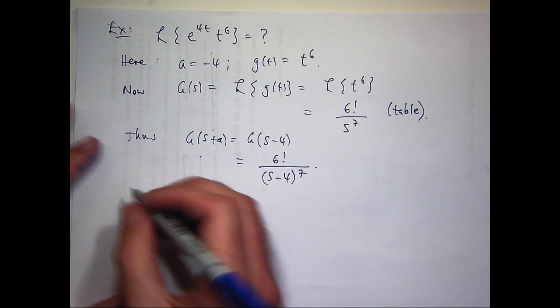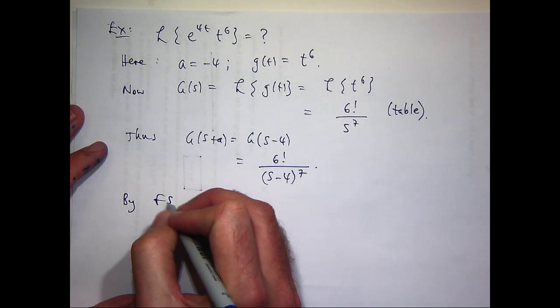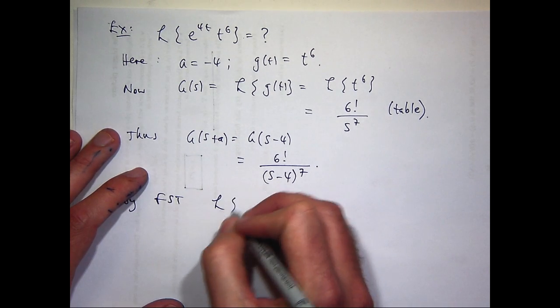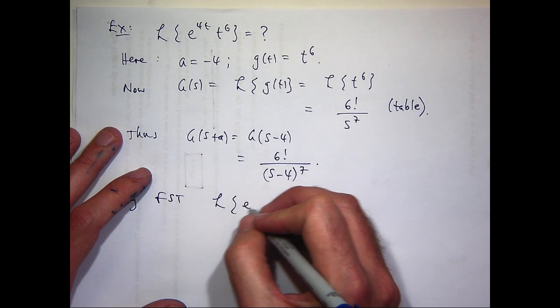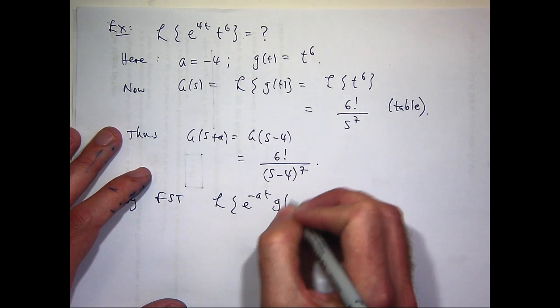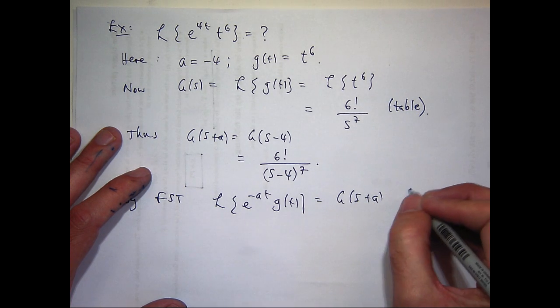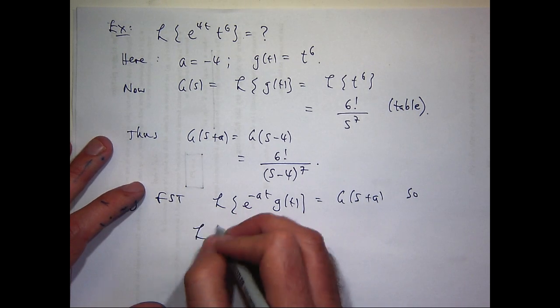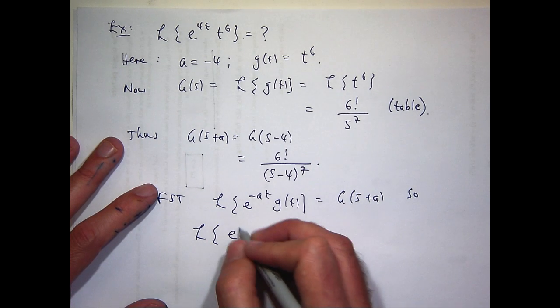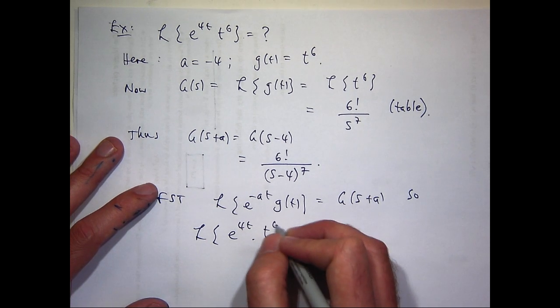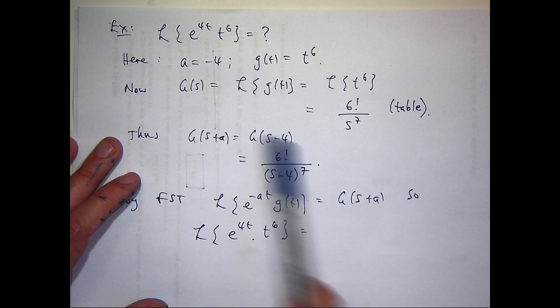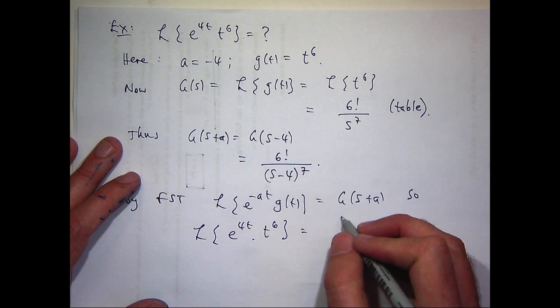All right, so by the first shifting theorem, we have this. So for our problem, big G of s plus a is just this.